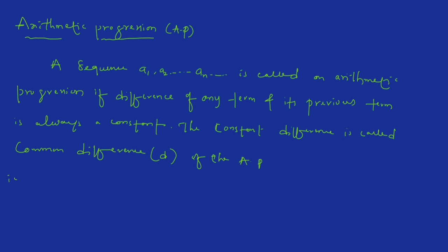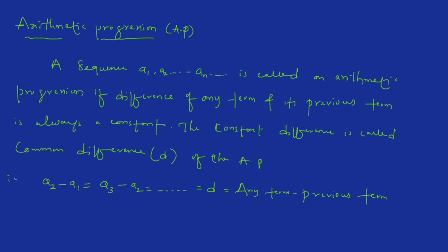That is a2 minus a1 equals a3 minus a2, and so on, which equals d, which equals any term minus the previous term, which equals a constant value, that is nothing but d we can say, right?